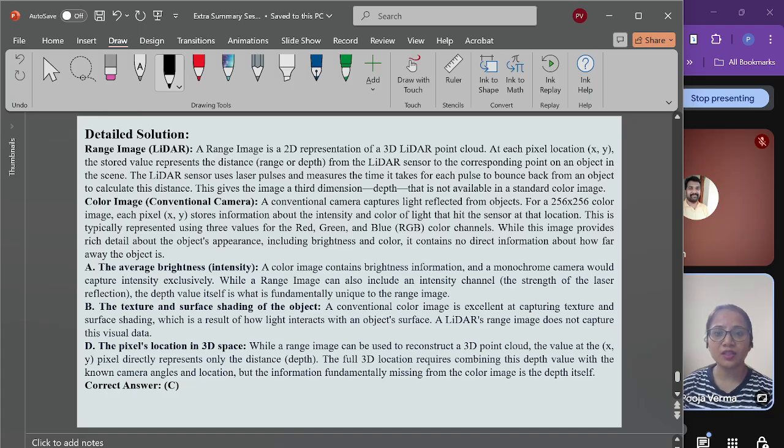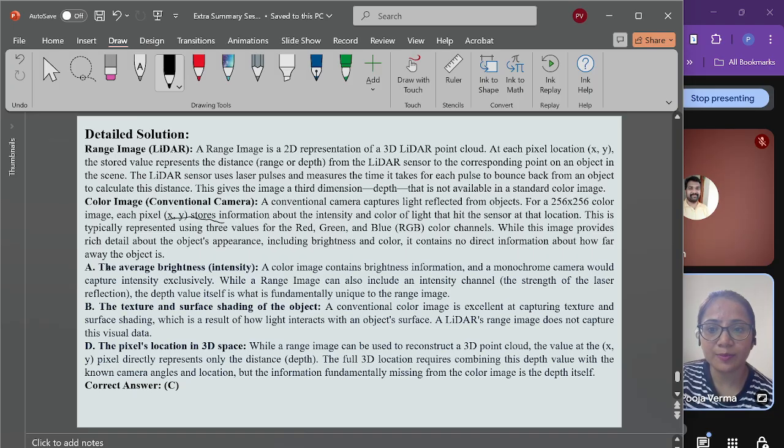Okay, so this gives the image the third dimension, that is the depth, that is not available to the standard color image. A conventional image is captured by light reflected from the object. Already we know that. For a 256 cross 256 color image, each pixel XY stores information about the intensity and color of the light that hits the sensor at that location.